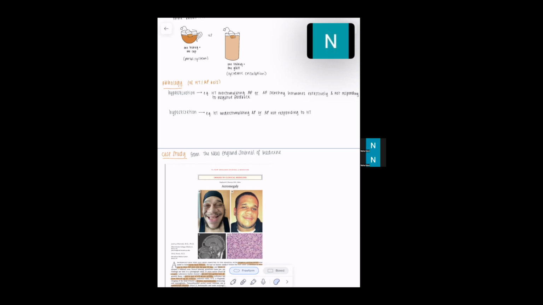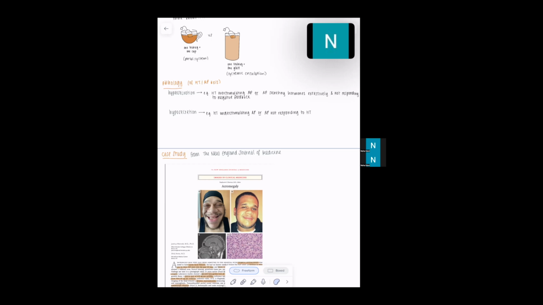So hypersecretion, as the name suggests, is an oversecretion of target hormone, which can be due to the fact that the hypothalamus is overstimulating the anterior pituitary, causing the overproduction of stimulating hormones to overstimulate target tissues, or perhaps it's just the anterior pituitary that's overly secreting hormones and not responding to negative feedback.